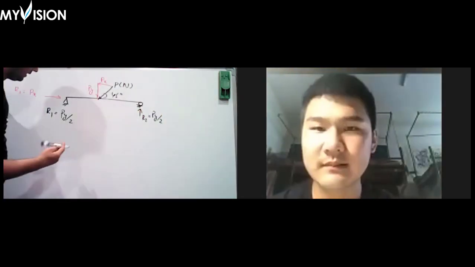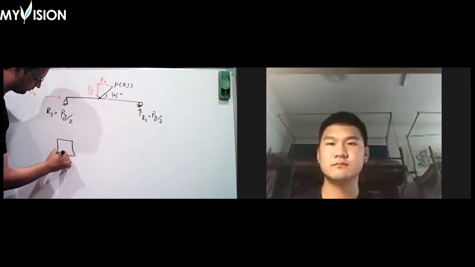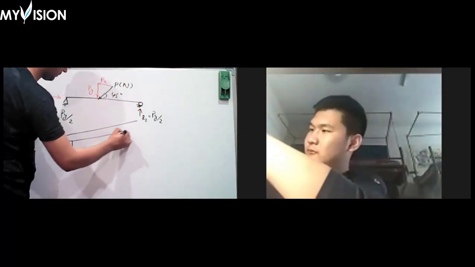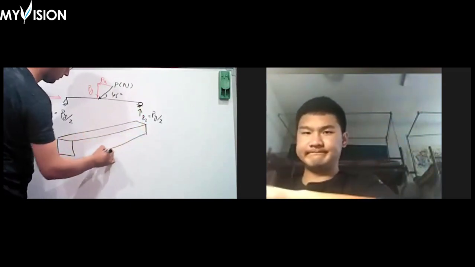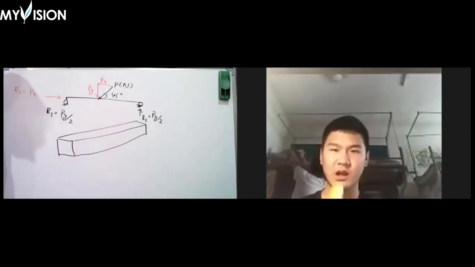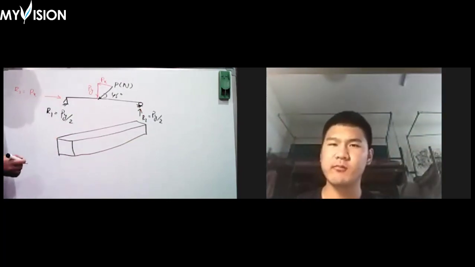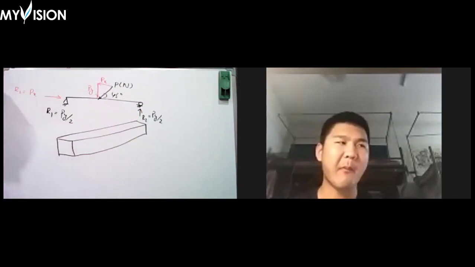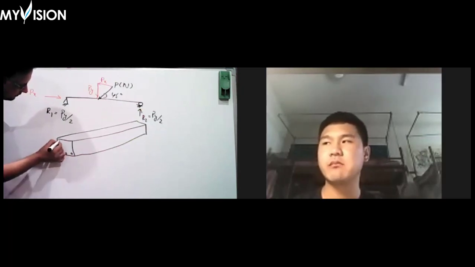See, for example, this is a beam. It is not good enough, but this is the beam and this is the cross section. This box is considered to be a cross section, and your reinforcement bars are embedded inside it in this way.